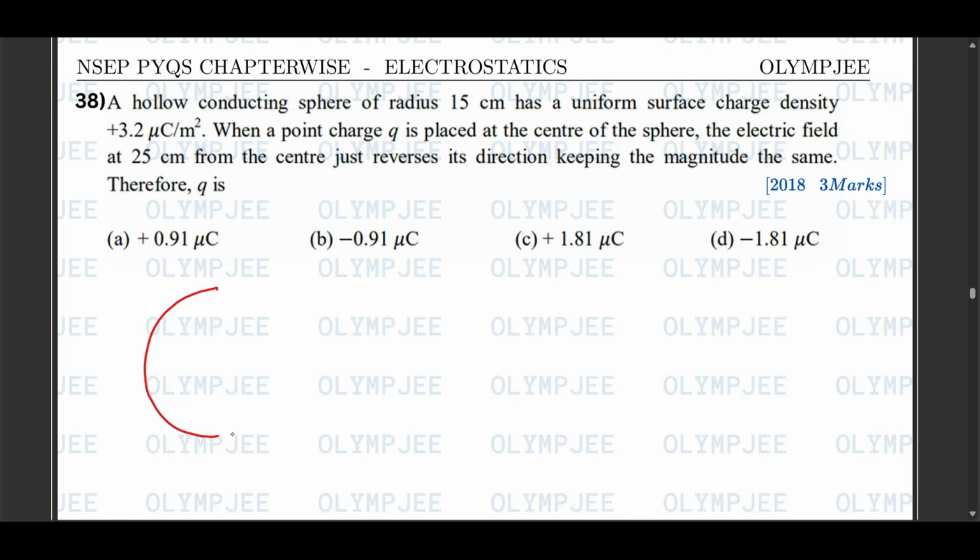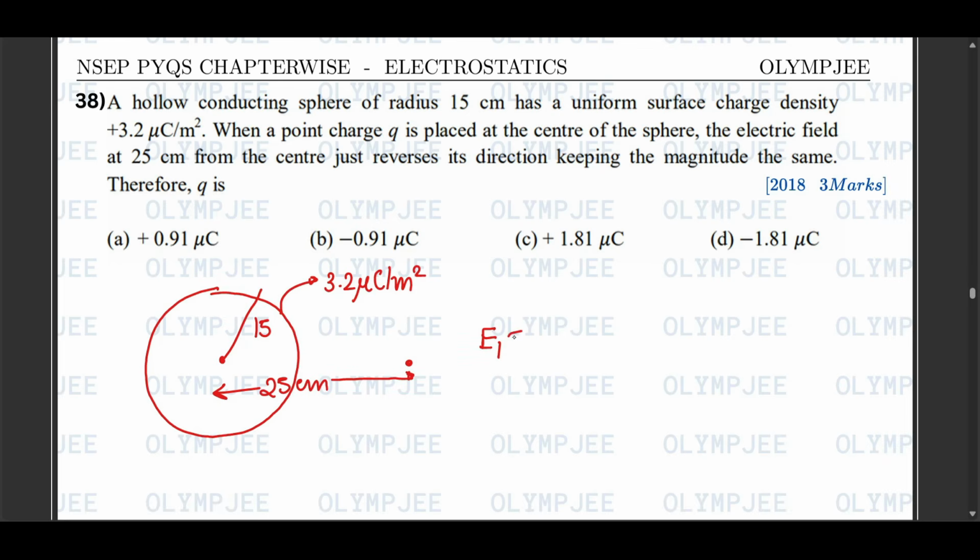So this is the sphere of radius 15 cm and it has surface charge density 3.2 mu coulomb per meter square. So electric field at distance 25 cm will be K multiplied by sigma 4 pi r square.